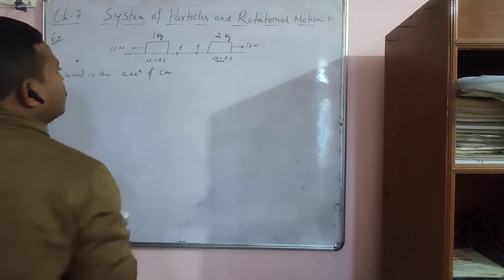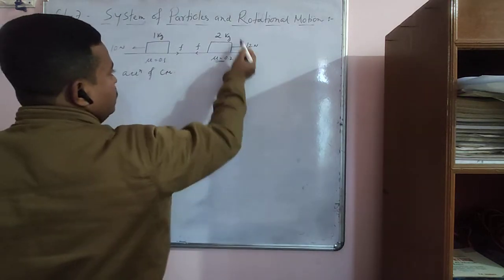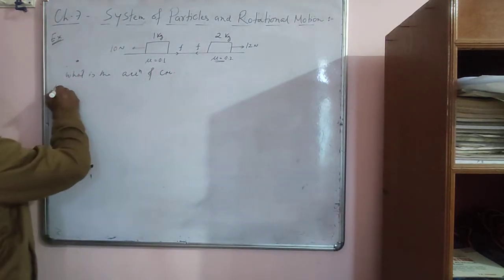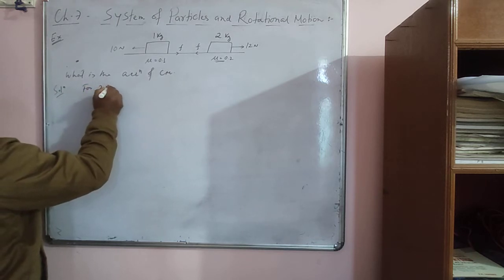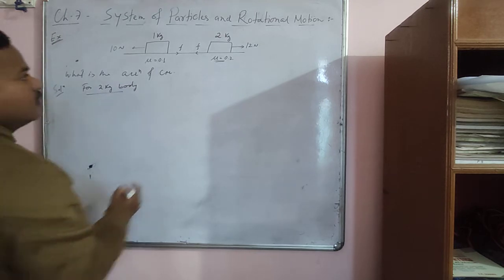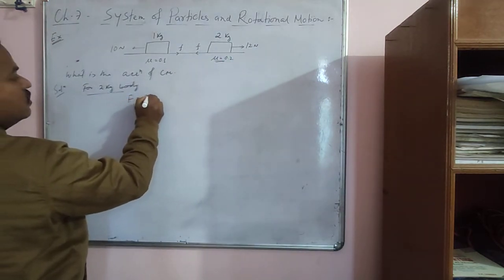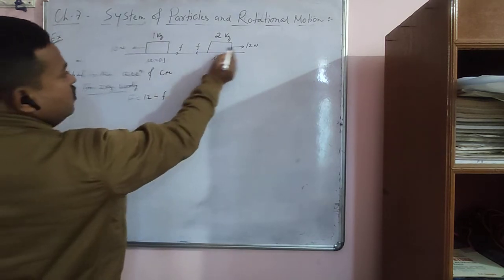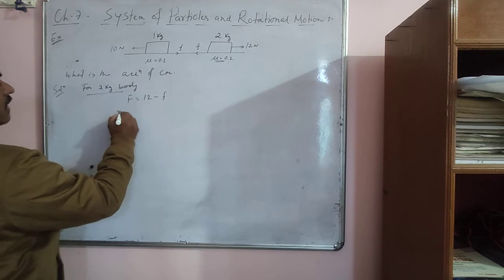Now what is the net force on this body? Then what is the net force on the other body? Find out. For the 2 kg body, the net force in the right direction is F equals 12 minus friction, because friction is in the opposite direction. Now F is equal to MA.